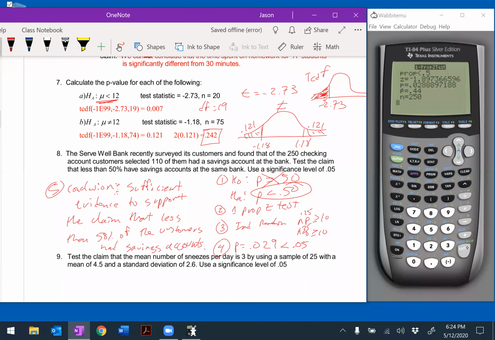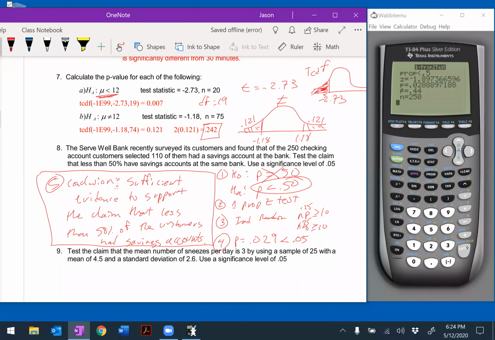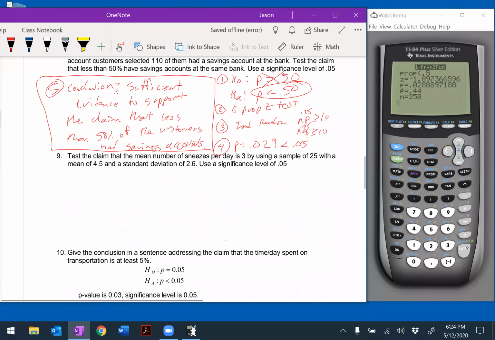Okay, number 5, conclusion. Okay, number 9. Test the claim that the mean number of sneezes per day is 3 by using a sample of 25 with a mean of 4.5 and a standard deviation of 2.6.